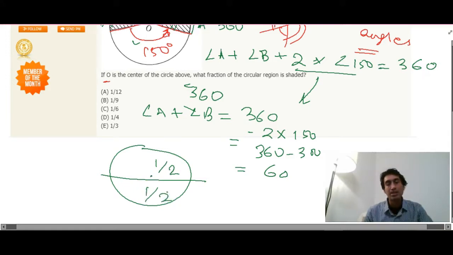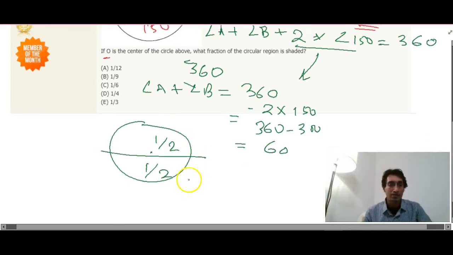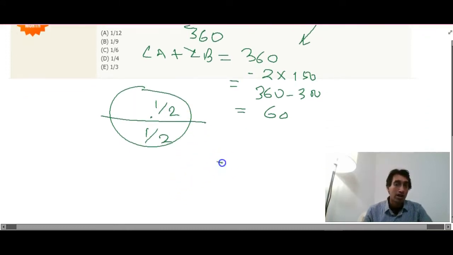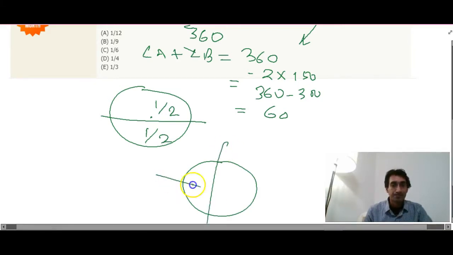It means that it is divided equally into two halves, one half and another half. If I draw another circle and divide it into four parts, it is divided into four equal parts. Each part will be 1/4 of the total.